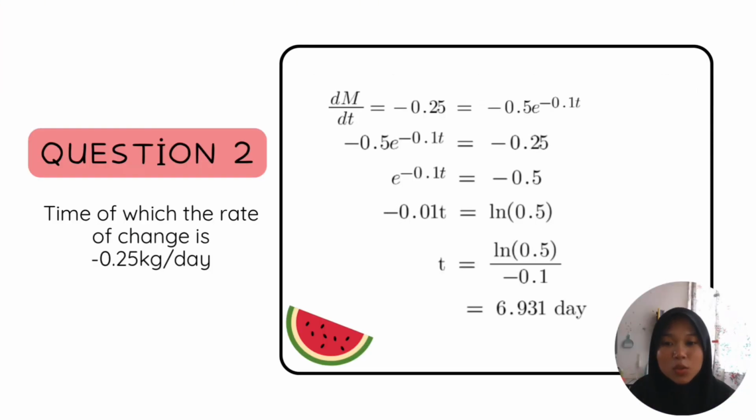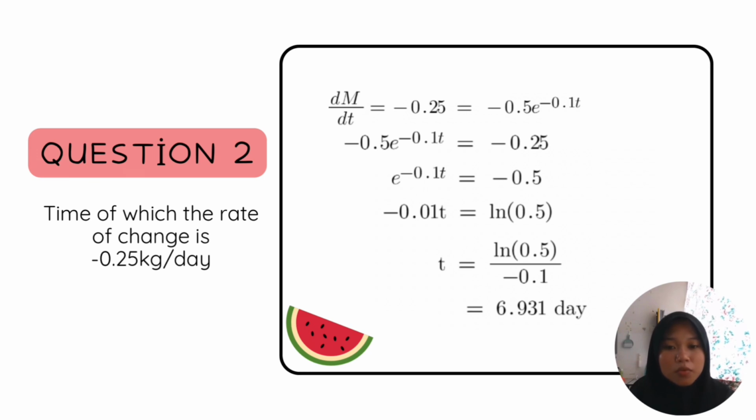Next is question number 2. We need to find the time at which the rate of change is -0.25 kilograms per day. We take the previous function, -0.5e^(-0.1t), and equate it with the rate of change, -0.25. We divide -0.25 by -0.5, and we get e^(-0.1t) = 0.5.